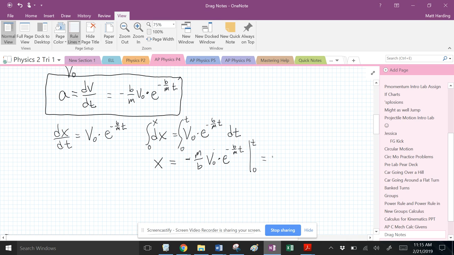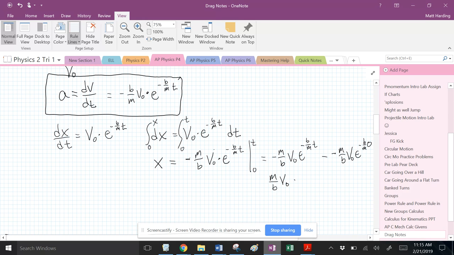So negative m over b v naught e to the negative b over m t, minus negative m over b v naught e to the negative b over m times 0, because I'm going final minus initial more or less here. E to the 0 is 1, so this becomes negative m over b v naught. I'm subtracting negative m over b v naught, so that's the same thing as adding m over b v naught.